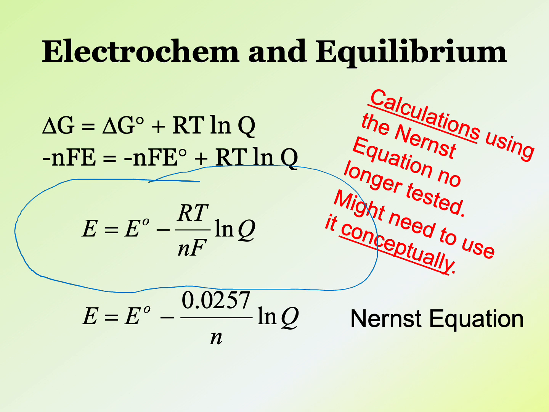Alright, so I will tell you though, calculations using this, I've never seen tested. It's only been conceptual. Even though this is a formula on your reference sheet, I think it's there to help you with the conceptual piece. But I've never actually seen a problem where they have to plug it in and solve.